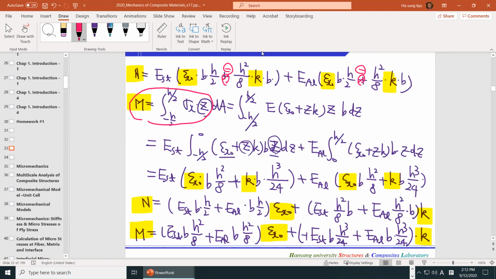So curvature, and also another mistake we have here, Z and minus, we have to have a minus here, and also have to be a minus here, right? So here is the minus, and here is the minus.